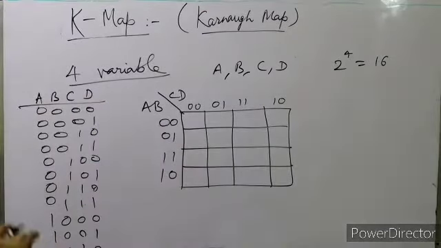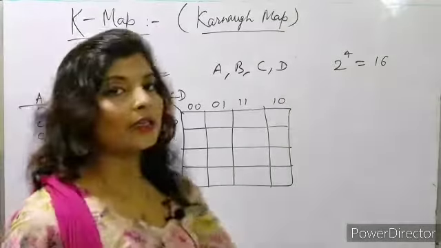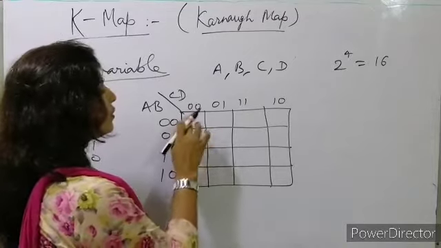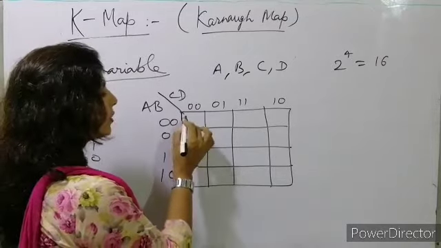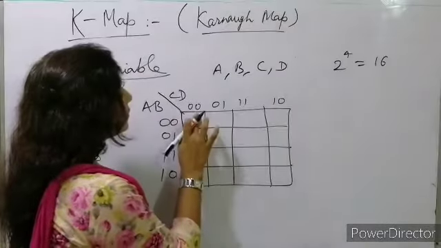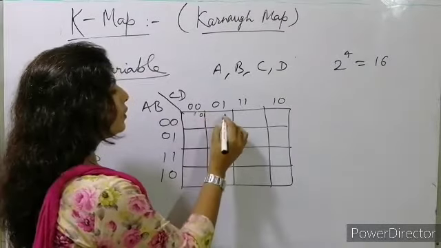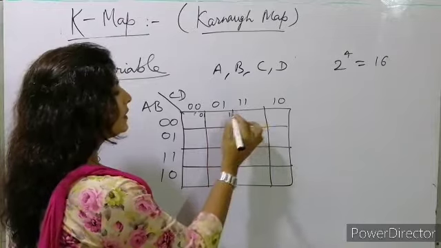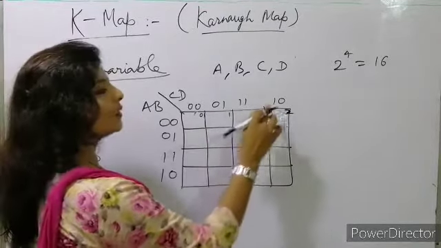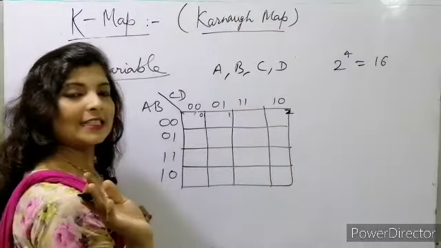Okay, to make you understand better, just write like this. This is 0 0 0 0, meaning this is the box 0. Okay, you don't need to write this 0, this one is 1, 2. Why 2 for this one? Because 0 0 1 0 is 2, and 0 0 1 1 is 3.